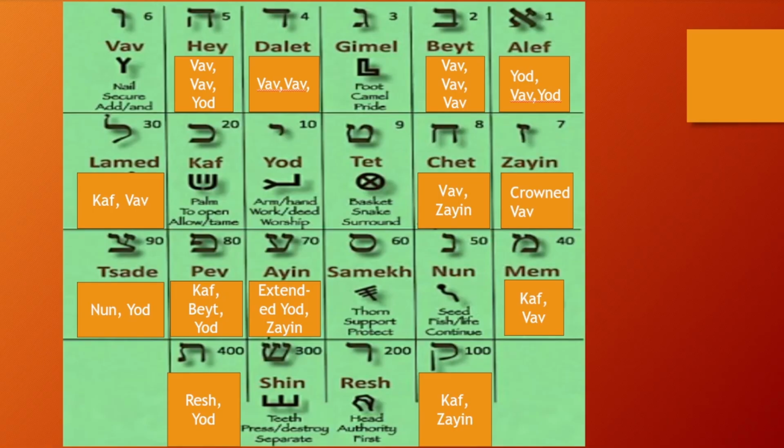But this is how the Hebrew letters have been built up. Now, I have spoken a lot about Aleph being a Yod, Vav, Yod. Yes? If you then look at Bayet, it is actually 3 Vavs, which they use to draw or write Bayet.